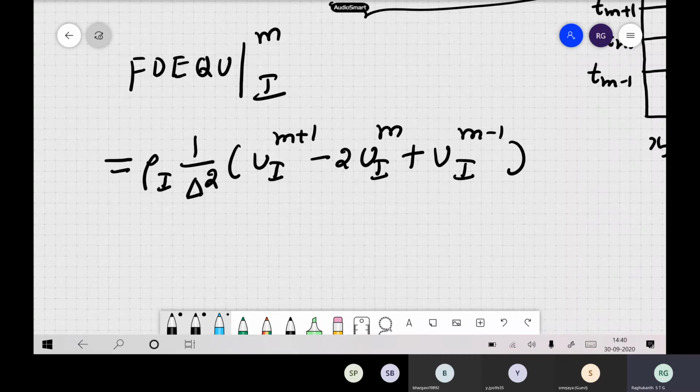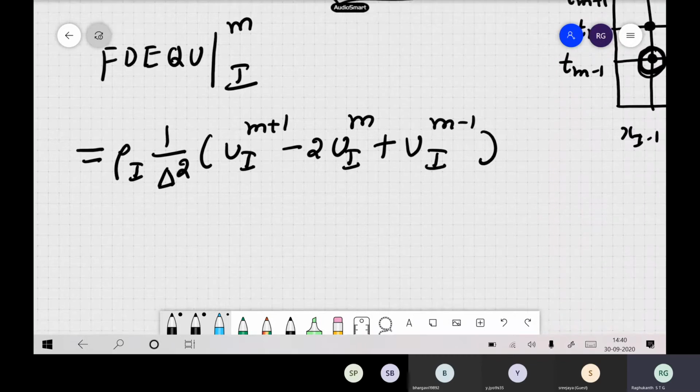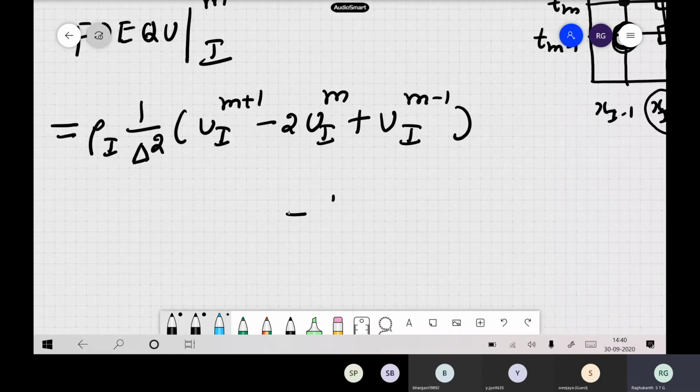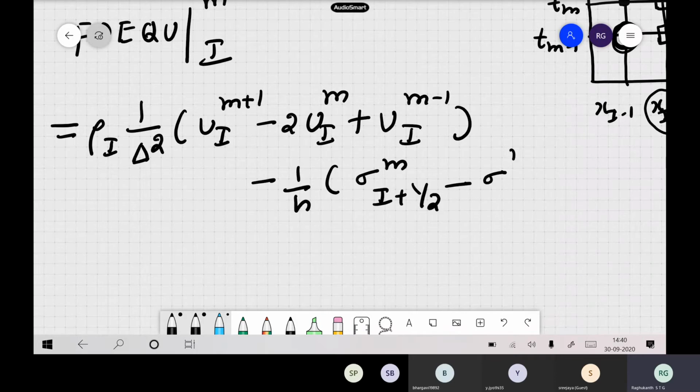Now you have to write dou sigma by dou x. We also use central difference here: 1 by h times sigma at i plus half, m minus sigma at i minus half, m. This is how we write it.